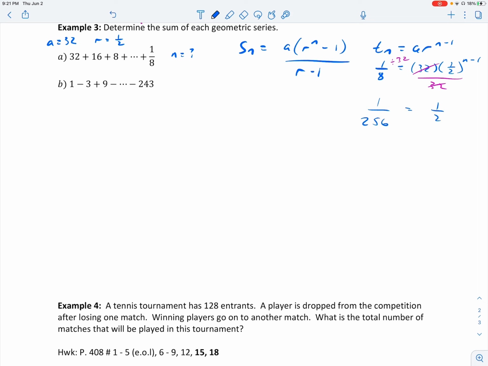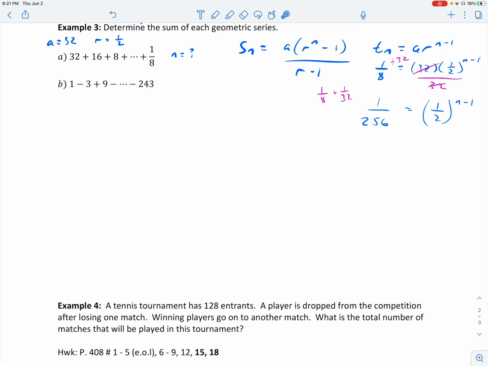So that's going to be equal to 1/2 to the n minus 1. Dividing by 32 is the same thing as multiplying by 1/32. So 8 times 32 gives us the 256.